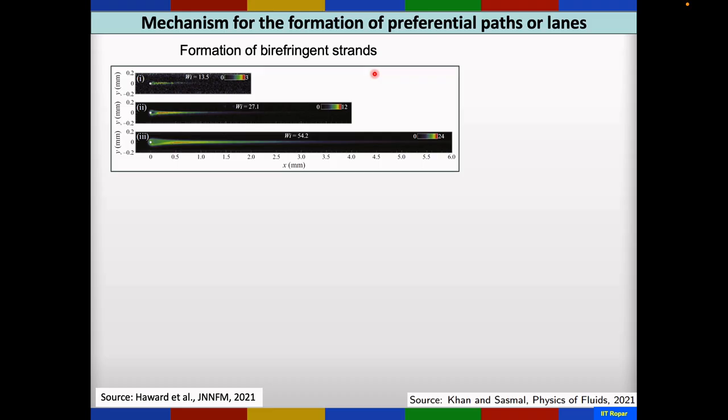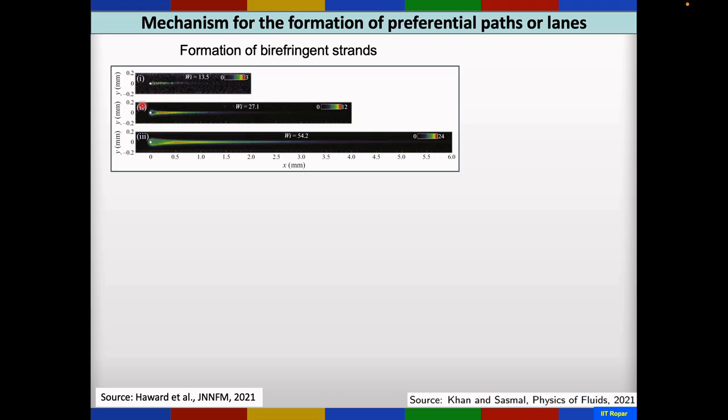So what is a birefringent strand? If you take a simple system like flow in a microchannel where you have only one obstacle, and you flow a viscoelastic complex fluid, then at the downstream of this micropillar, those fluid microstructures like polymer molecules will be stretched and aligned, and as a result one strand will be formed, which is called a birefringent strand.